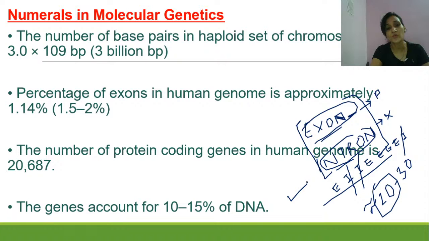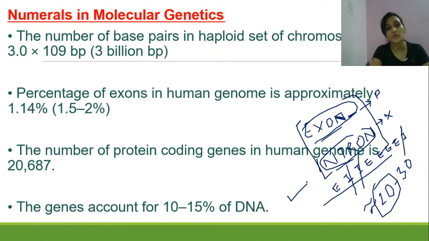The options are: the ratio of A to T and G to C is approximately 1 to 1; the ratio of A to G and T to C is approximately 1 to 1; A plus T is equal to G plus C; A plus C is equal to G plus T; and A plus G is equal to C plus T. So what would be the answer?